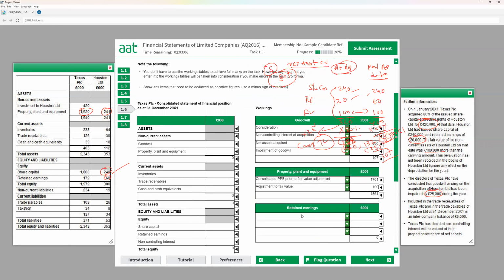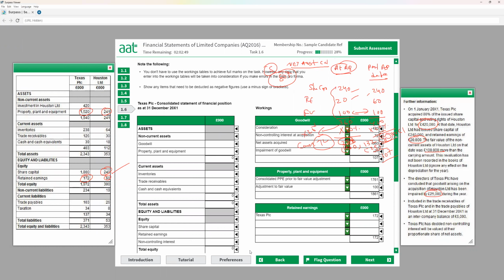The last one, you have retained earnings. For the retained earnings, we only take the parent's. Remember that. So we take the retained earnings for the parent, which is 172.